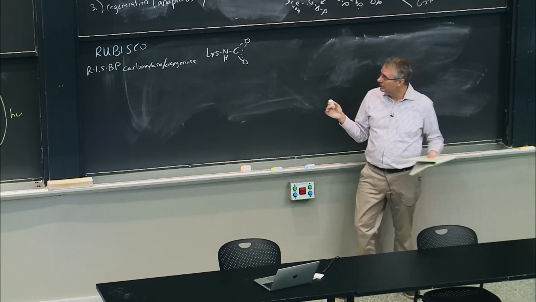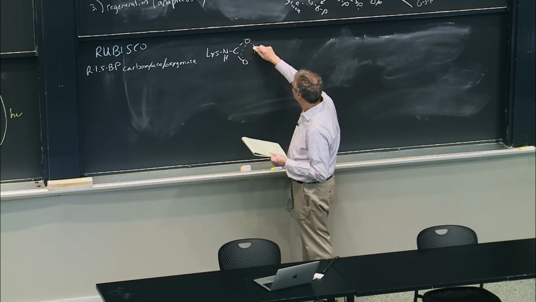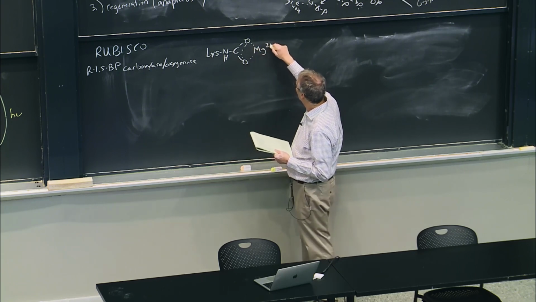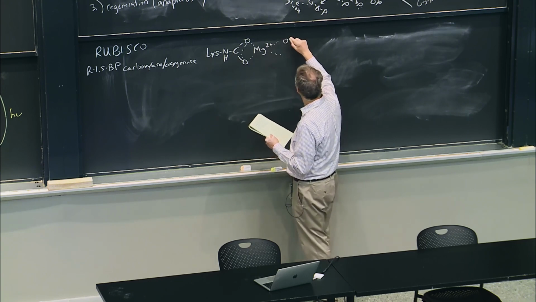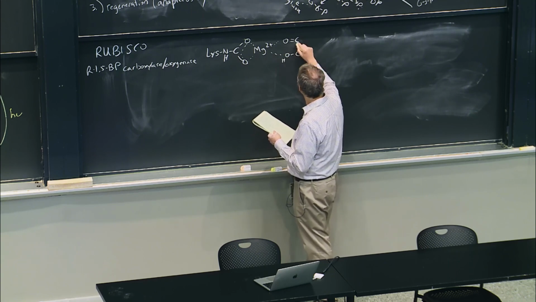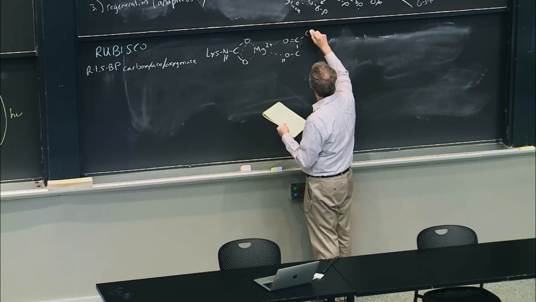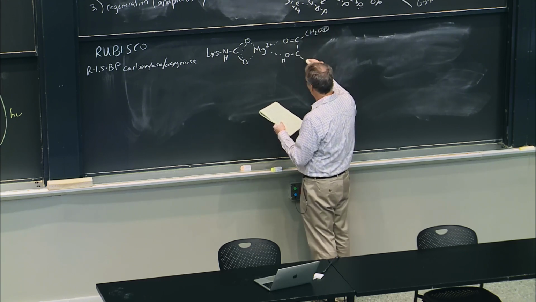It's one way to sort of ensure that there's enough CO2 that this will work. But effectively what that CO2 does is coordinates a magnesium atom that ultimately coordinates and positions the ribulose 1,5-bisphosphate within the active site of the enzyme.